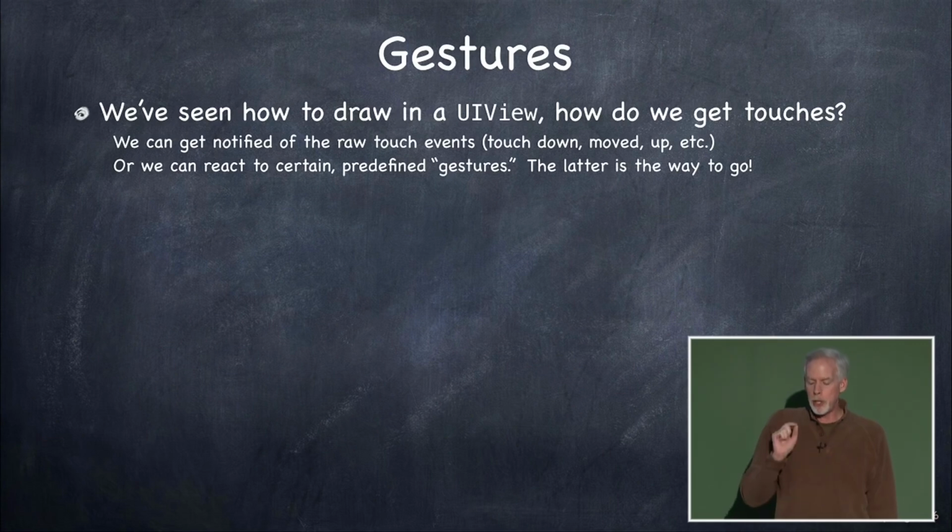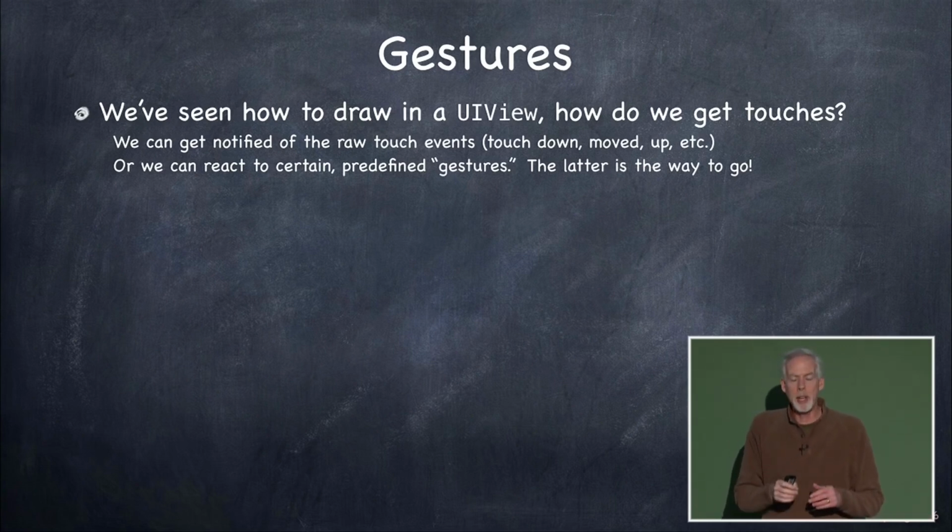The reason for that is that the user thinks of interacting with your UI as a gesture, like they're swiping or they're pinching, okay, or they're panning around. Those are gestures that they are making. So iOS has an abstraction layer that lets your app think of the input as gestures as well. Okay? So you're going to get those gestures and do something when they happen. There's predefined gestures.